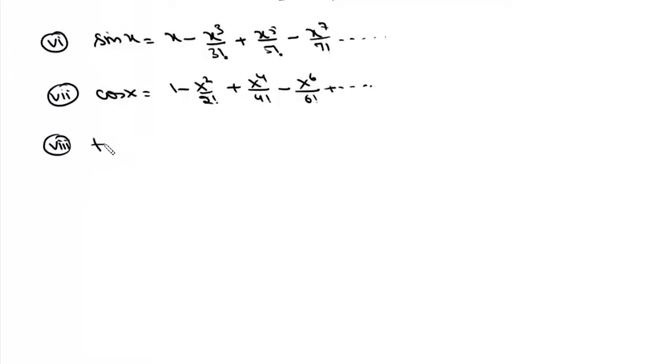Eighth one is the expansion of tan x. Now the expansion of tan x is x plus x cube upon 3 plus 2 by 15 x to the power 5 and so on.